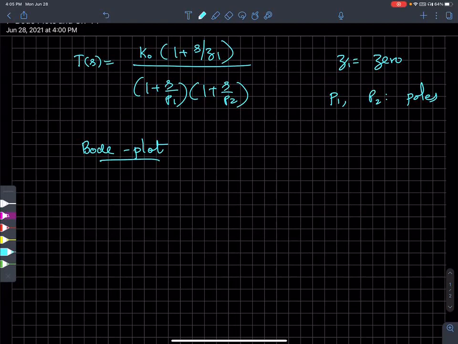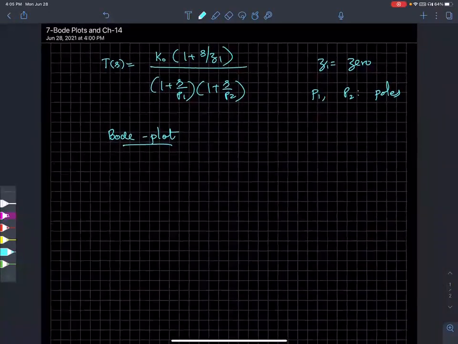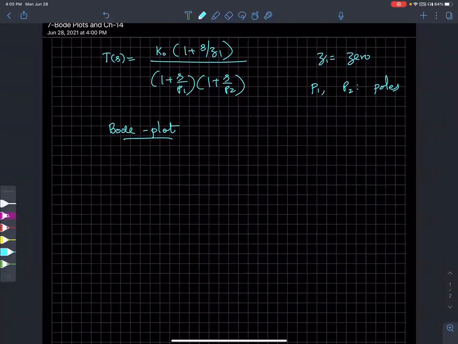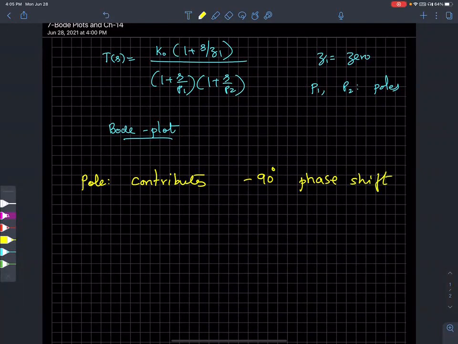Once it is in the standard form, there are certain rules that we can use to derive the Bode plot in a simple manner. I'll give you certain rules of thumb. First of all, any pole contributes 90 degrees phase shift, and that's it, not more.